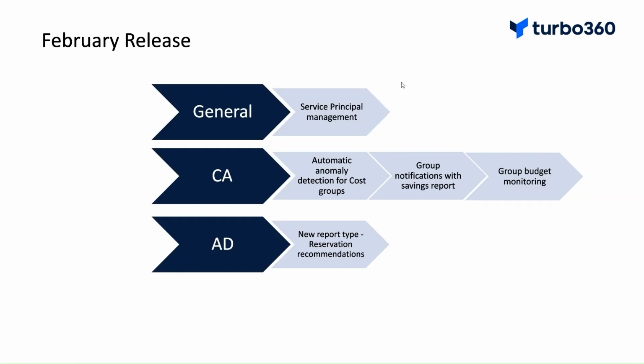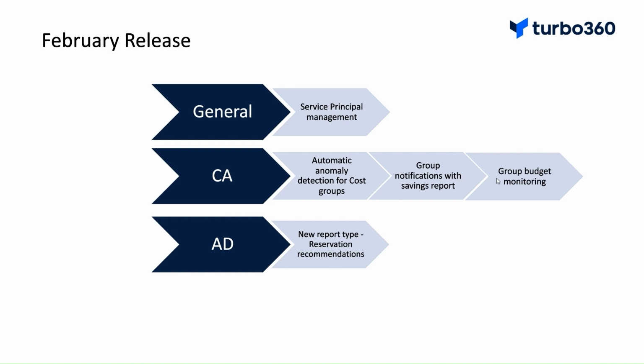Let me now walk you through the featured releases of the month February. Firstly, within the general section, we have revamped the UI and working of service principal management to enhance the user experience. Then in cost analyzer, we have brought in support for automatic cost anomaly detection along with a new look to the monitoring section. Also, we have brought in support for saving notifications at the cost management group level, where cost savings opportunities by rightsizing and reservation will be sent as notification.